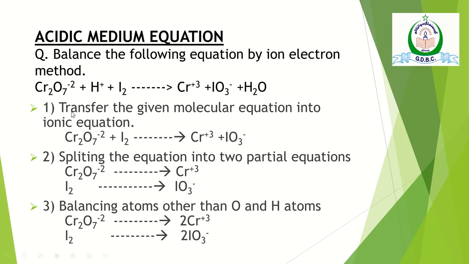Step number 1, transfer the given molecular equation into ionic equation. We need to omit the given H plus ion and the given water molecule from our equation, because in H plus ion or in hydroxyl group or in water molecule, the oxidation state of neither oxygen nor hydrogen is changed.